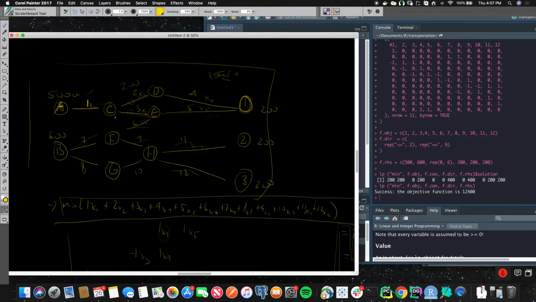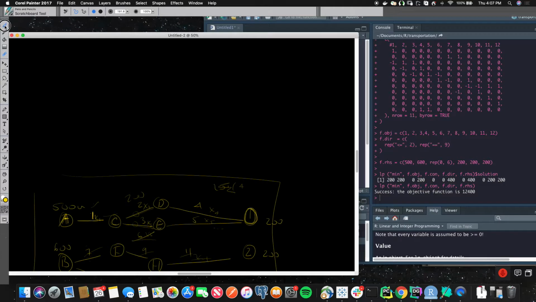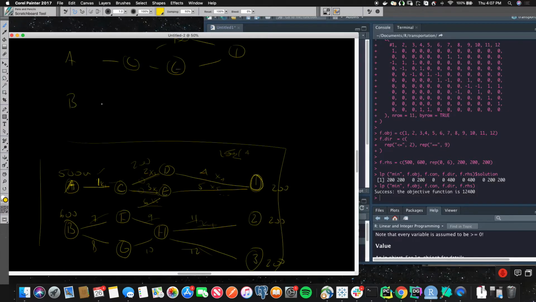And actually, we can clean up a little bit of this. Let's just make a new one. So A, C, D, E, 1. And B, F, G, H, 2, 3.